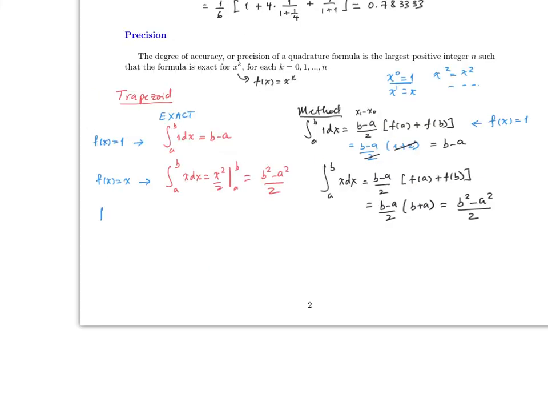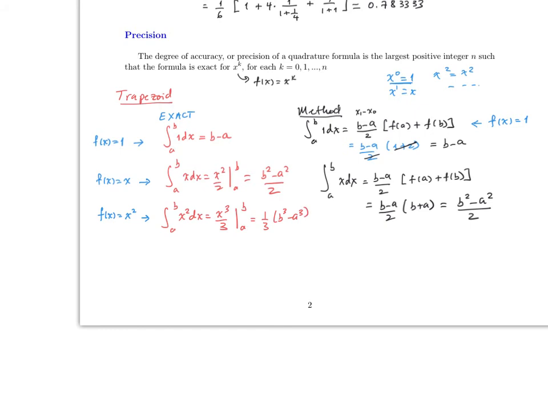Now let's check f of x equals x squared. The exact solution from a to b of x squared dx is x cubed over 3, and if you plug in the limits of integration, this is 1/3 times b cubed minus a cubed.